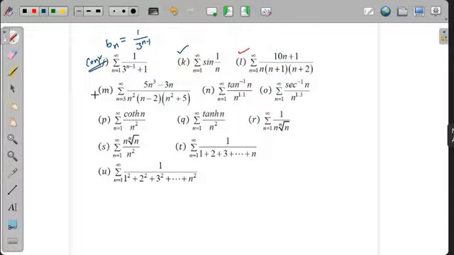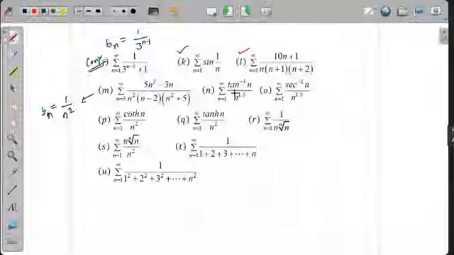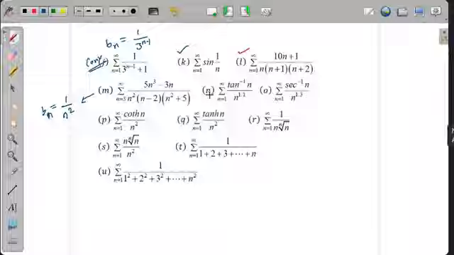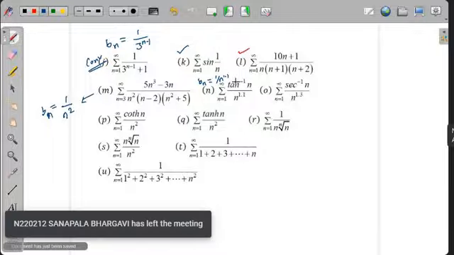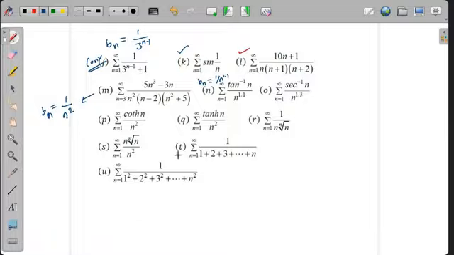Okay, and for this problem, I hope we can see that 5n³ over n⁴, so n³ over n⁴. So you take bn equal to 1/n². It will converge. And for problem number n, bn would be 1/n^1.1, because tan inverse n is a bounded function.